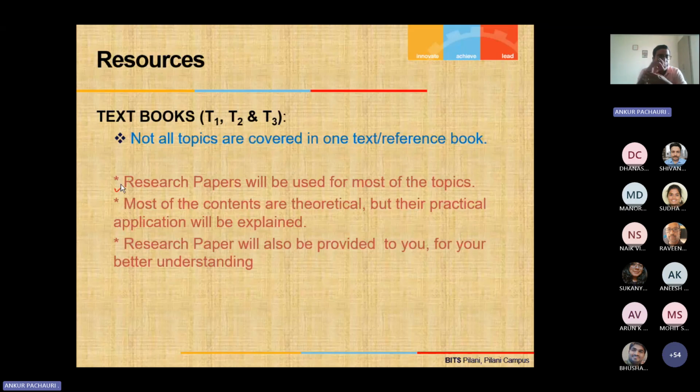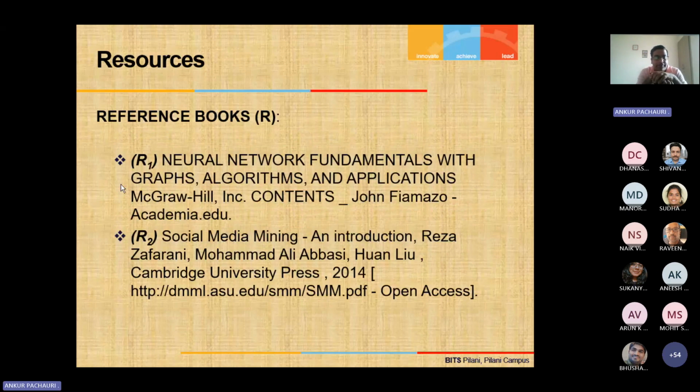Most of the content is theoretical, but we will be covering practical applications also. There are a few reference books.